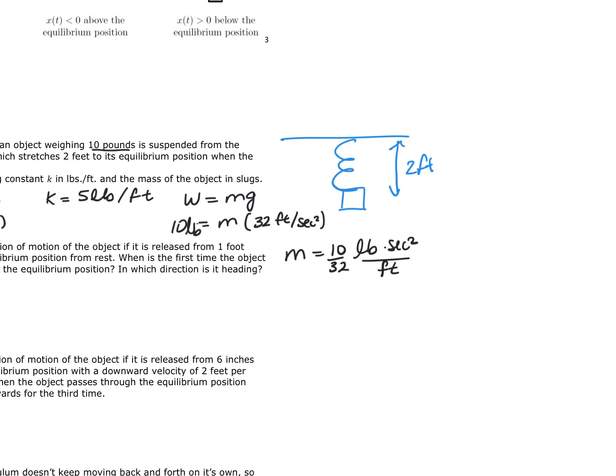When I have this unit in this form, pounds times seconds squared per foot, this unit is equal to a slug. Isn't that lovely? So my mass, reducing this, is 5 over 16 slugs.